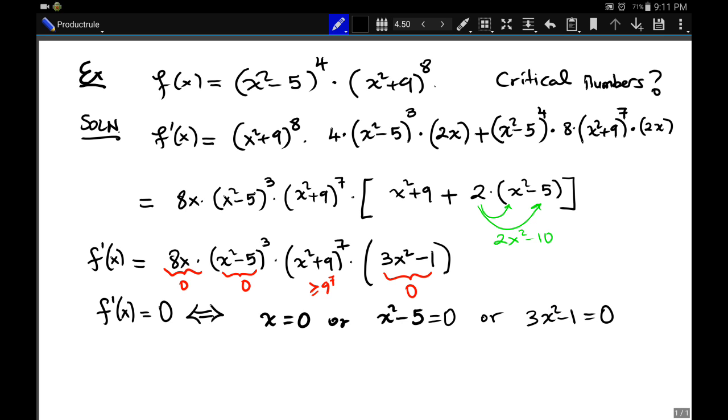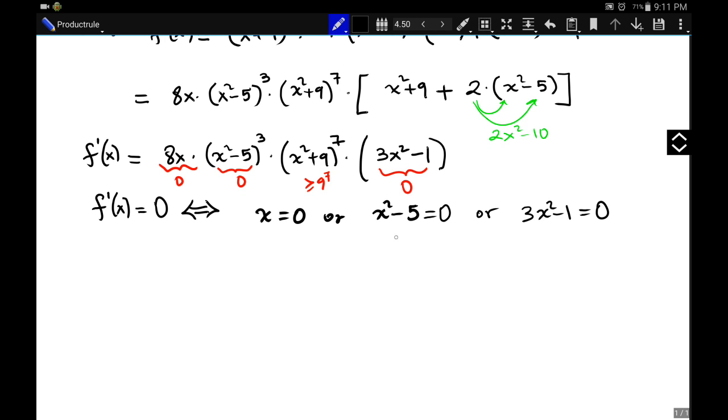Okay, so this tells you that x equals plus or minus root 5. And then this tells you that x equals plus or minus 1 over square root 3. So in this case there are 5 points, right?